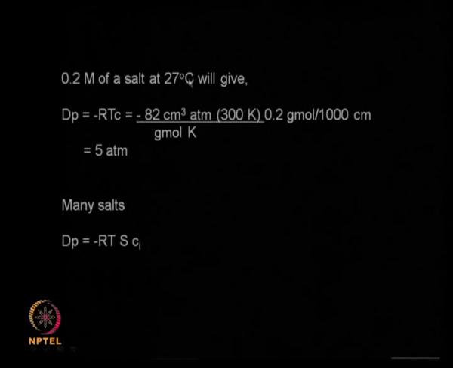T is 27 degrees, so that comes to 300 K. You have to take the correct R, which is 82 cm³ atm per gram mole per K, and here you have 0.2 gram mole per 1000 cc, that is 0.2 gram mole per liter. If you multiply all that, you get 5 atmospheres. So you see a small concentration of salt, 0.2 moles, can generate almost 5 atmospheres of osmotic pressure.